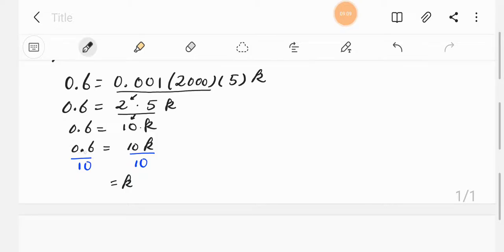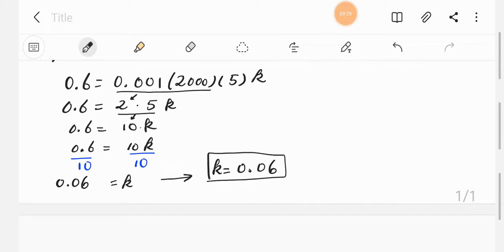So make 0.6 smaller. Move the decimal point 1 place to the left. So it has 2 decimal places. So K is 0.06. So this is the solution, the value of K.